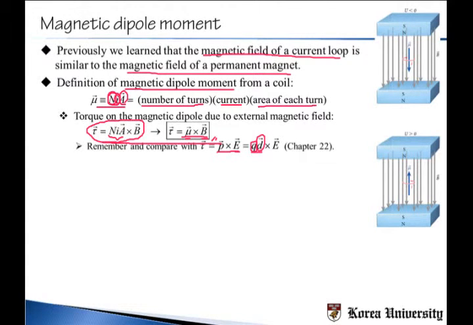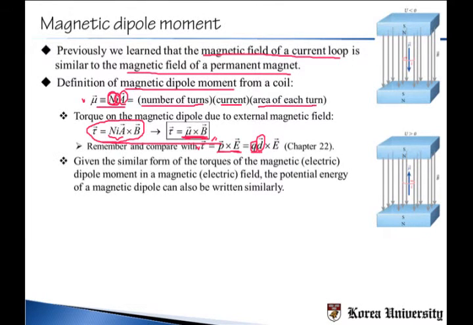So this expression of the magnetic dipole moment is very similar, and in fact equivalent, to defining the electric dipole moment, so that the electric dipole moment will experience torque inside the electric field, and the magnetic dipole moment will experience torque in the magnetic field. So they look very similar, right?